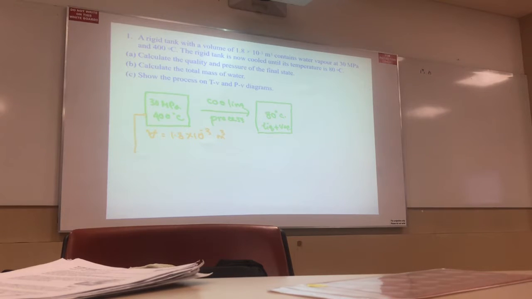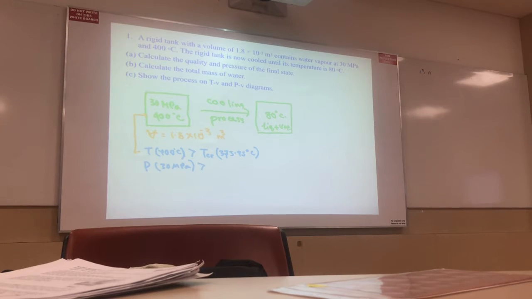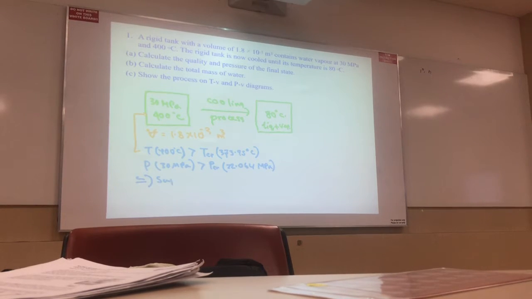Temperature 400 degrees Celsius is higher than critical temperature, which is 373.95, and pressure 30 megapascal is higher than critical pressure, which is 22.064 MPa. So what is the nature of the state? Supercritical vapor.